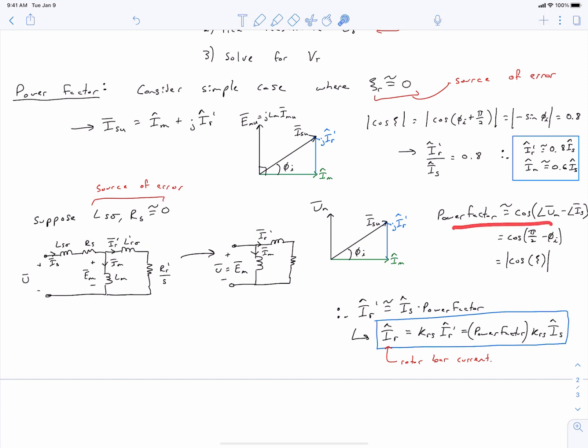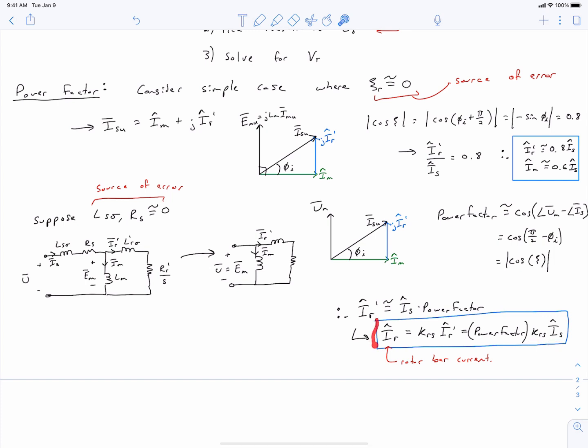When we do our calculations here, we finally are able to relate our actual rotor bar current, the physical current that's flowing in our rotor bars, to the power factor of our machine, to that turns ratio that we introduced in the video on the equivalent circuit of an induction motor, and the rating of our stator current.